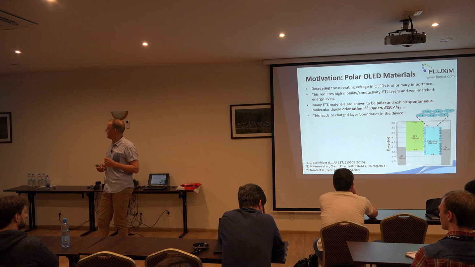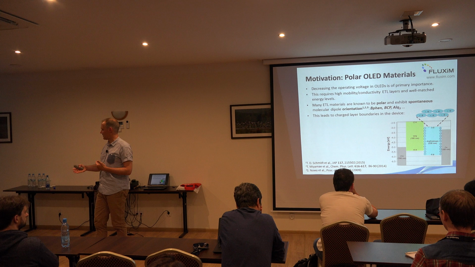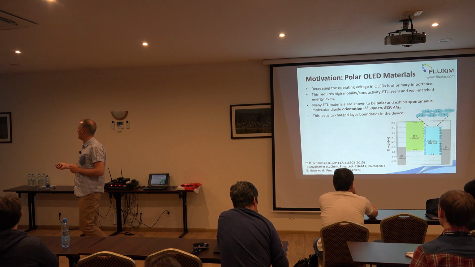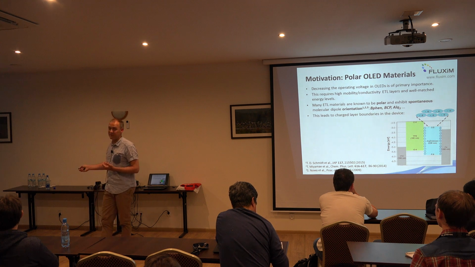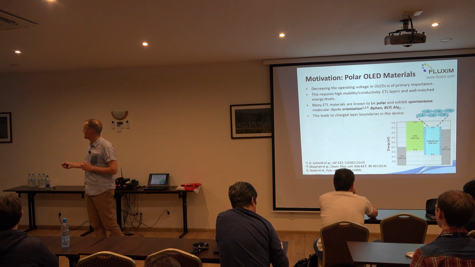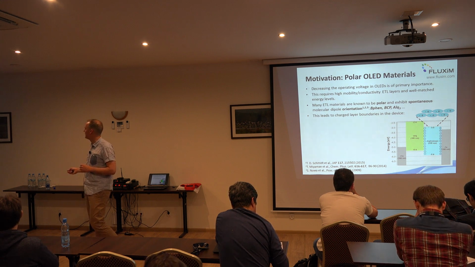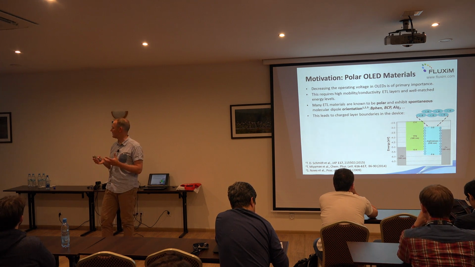We know that the Alq3 molecule is a polar molecule, and it turns out that after deposition on the substrate, it can preferentially align, or there's a spontaneous orientation polarization, which results in an effective sheet charge density, which is negative at the interface to the hole transport layer and positive at the interface with the cathode. And this was kind of already observed a long time ago, but we have now managed to quantitatively describe this effect with simulation.